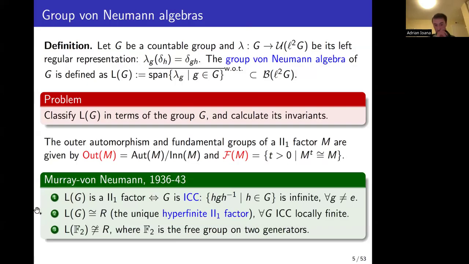Now, moving to the 70s, there was a lot of progress on the classification problem done by Connes, who essentially extended the second item here to all amenable groups.